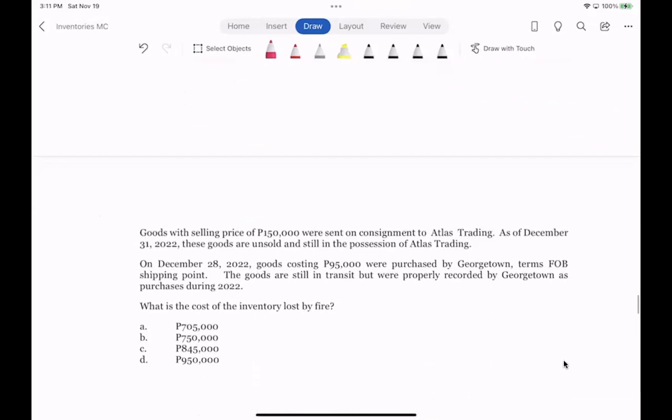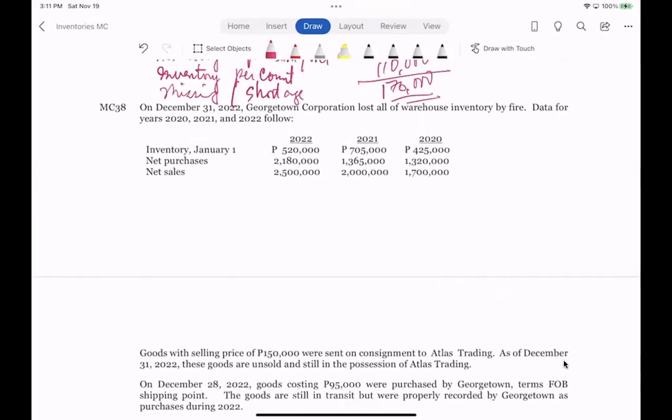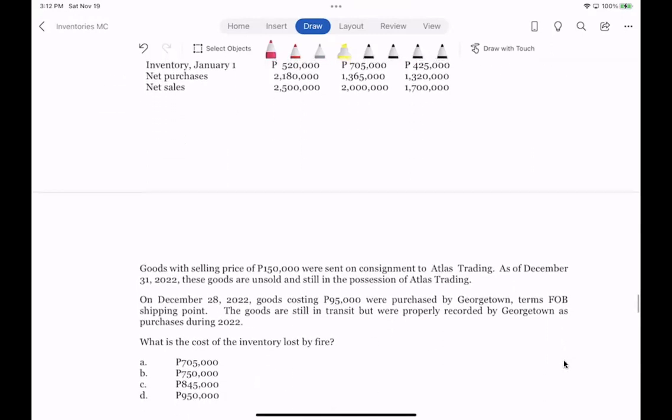And MC38, what is the cost of the inventory lost by fire? So what do we have? On December 31, 2022, Georgetown Corporation lost all of warehouse inventory by fire. Data for years 2020, 2021, and 2022 follow. Goods with selling price of $150,000 were sent on consignment to Atlas Trading.